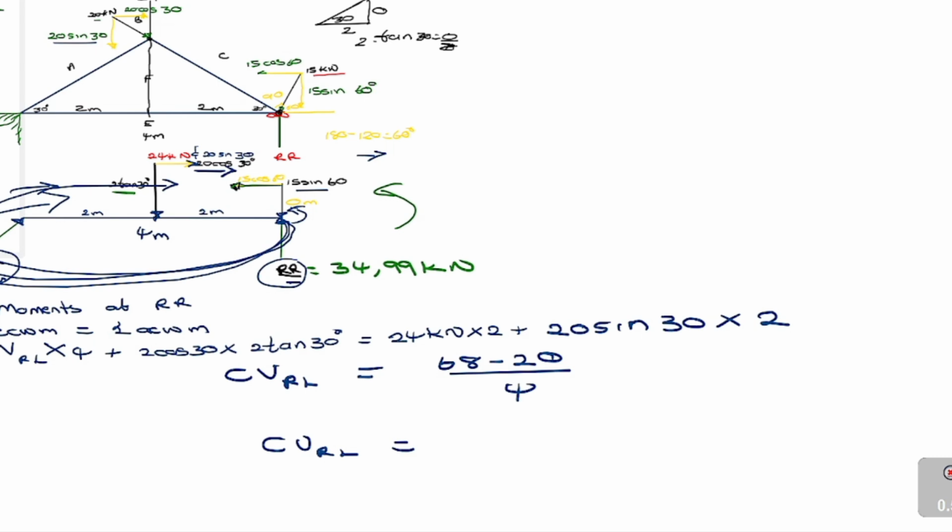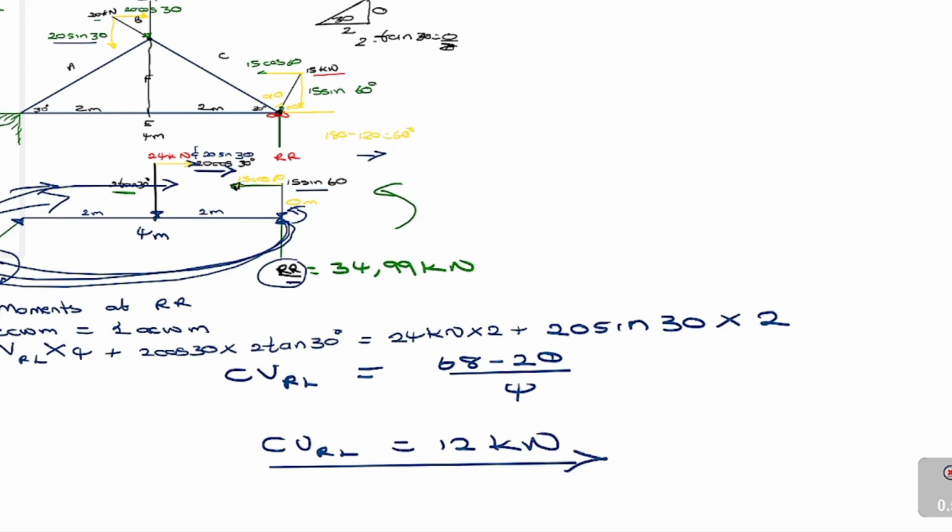Right, so we are getting 12.02 kilonewtons, but let's just say 12 kilonewtons for this one.